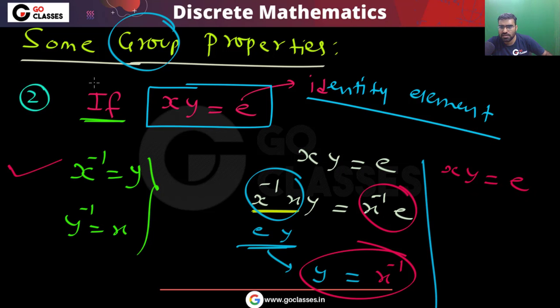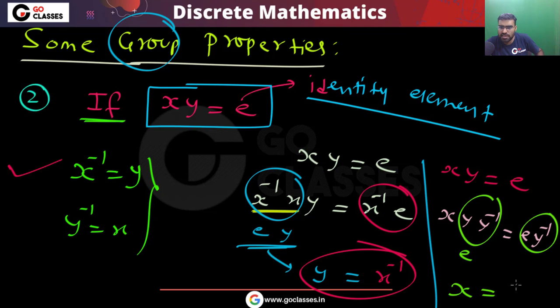So x, y, y inverse is equal to E, y inverse. Because group is associative, I can calculate this first. This will be E. What is XE? That is simply X. And what is EY inverse? That is Y inverse. So you can see Y inverse is X and X inverse is Y.